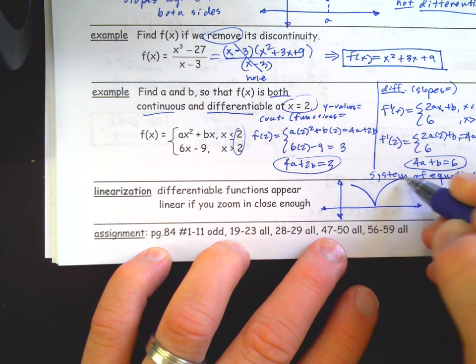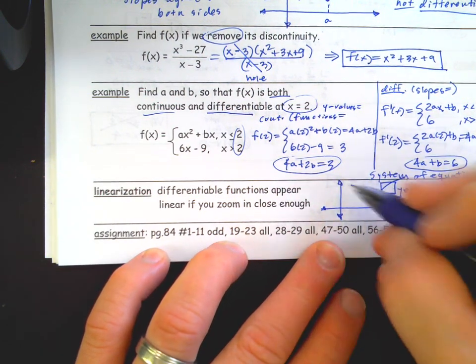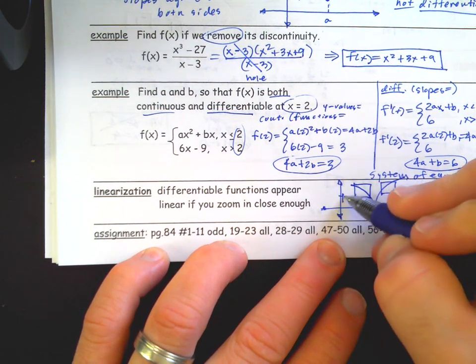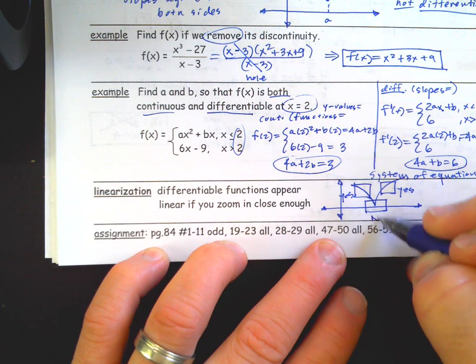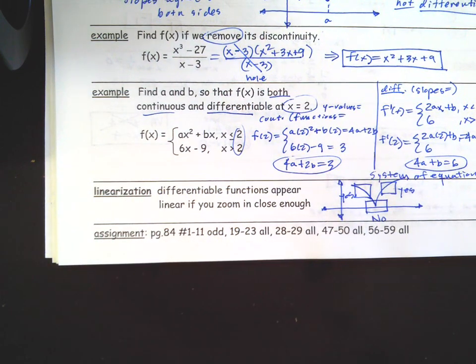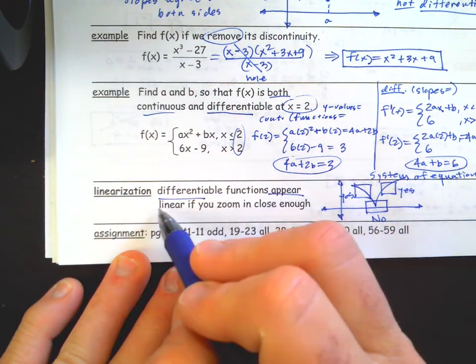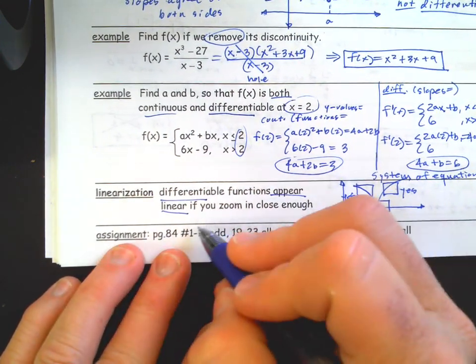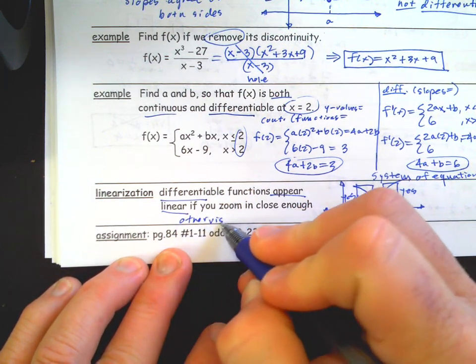For instance, if you zoom in here, yes, it will look like a line. If you zoom in here, yes, it's going to look like a line. If you zoom in here at this cusp, then no, you're still going to see a corner. It's not going to look like a line. So that's where differentiable functions appear linear if you zoom in closely. Otherwise, they don't look linear if they're not differentiable.